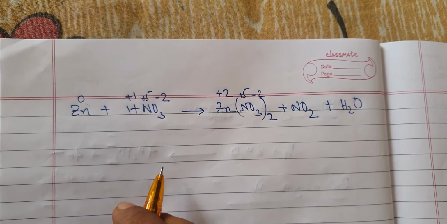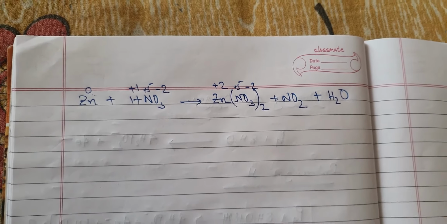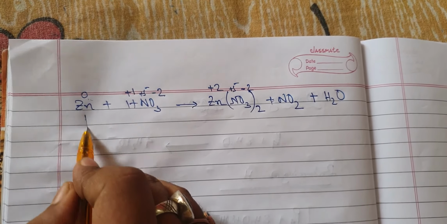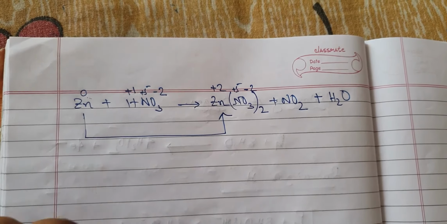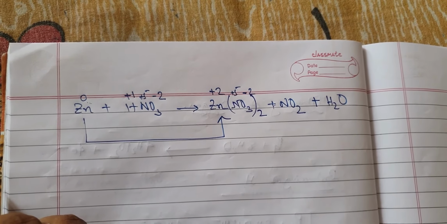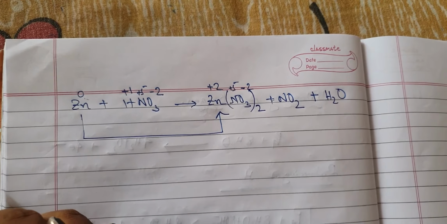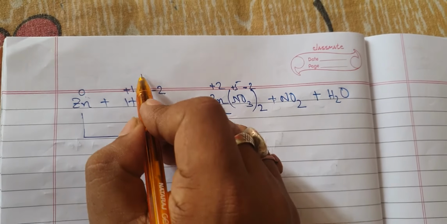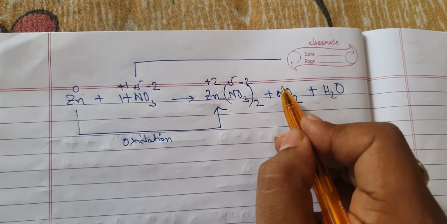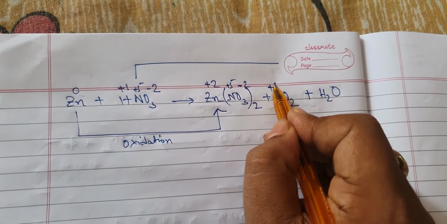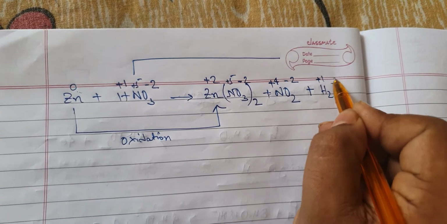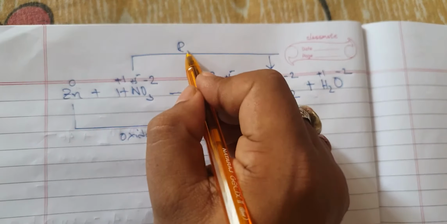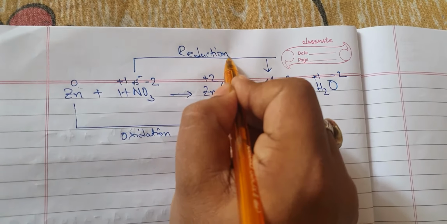Okay, and now in this equation, the important thing to notice is that Zn becomes Zn plus 2, and this is oxidation. And plus 5 becomes, oh sorry, I have not written here, it will be plus 4, oxygen minus 2, and hydrogen plus 1. Anyway, here N becomes reduced, reduction, decrease in oxidation number, right?